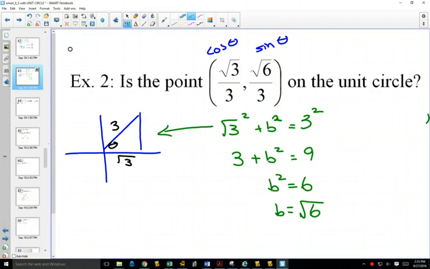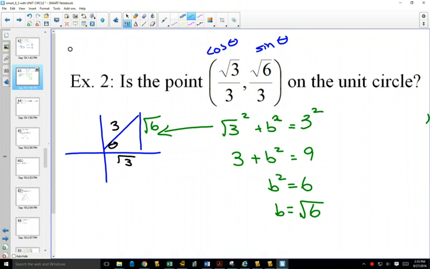Now, when you take the square root of both sides, normally you do plus or minus, but since we're talking about a length here, it makes sense to write only the positive value, square root of 6. So if we solve for this side, we get square root of 6. Does that match? Does sine of theta equal root 6 over 3 on that triangle? Yes.